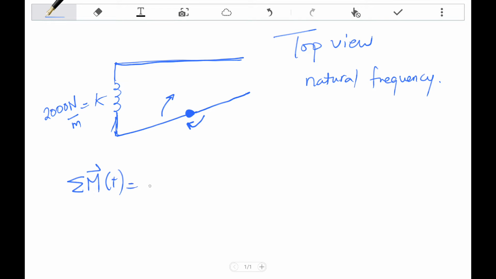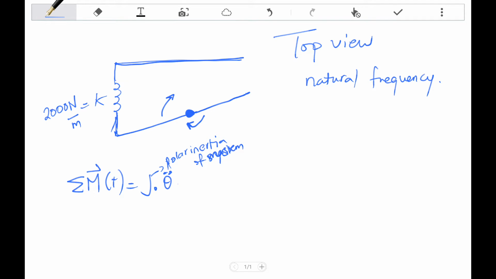The sum of moments will equal J_O, the polar inertia of the system, or mass moment, and we've got the angular acceleration.